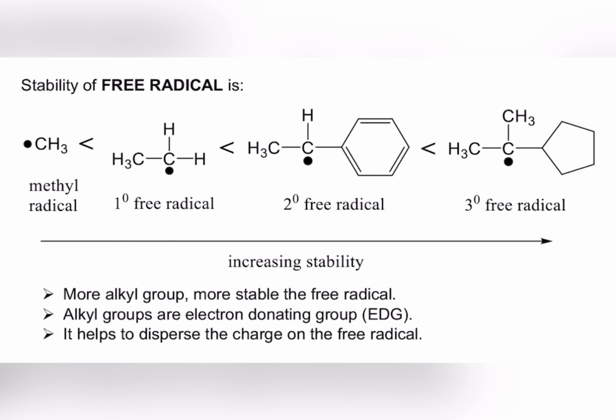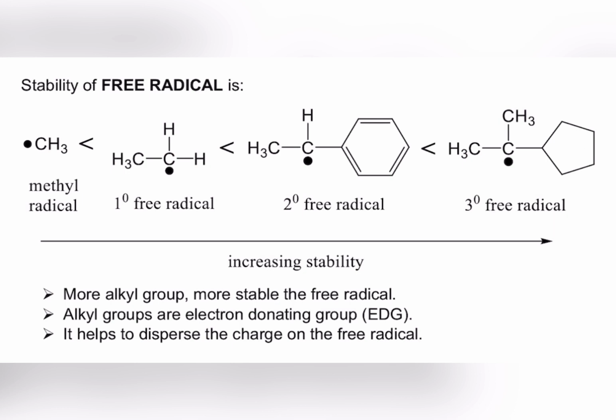And if I change one of the hydrogens from here into another alkyl group, for example, I change it with a benzene ring, I only have 1 hydrogen left, and this form is what we call a secondary free radical. And last one, if I change all hydrogens around this carbon free radical, so I get 3 alkyl groups around them, this will be a tertiary free radical.